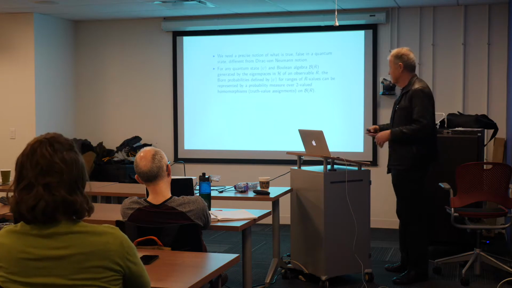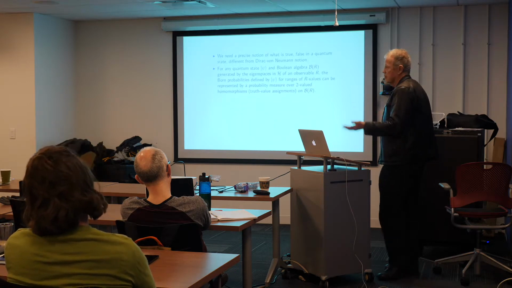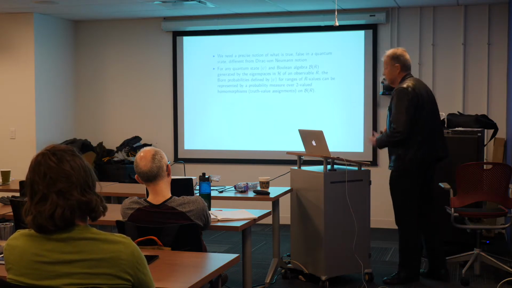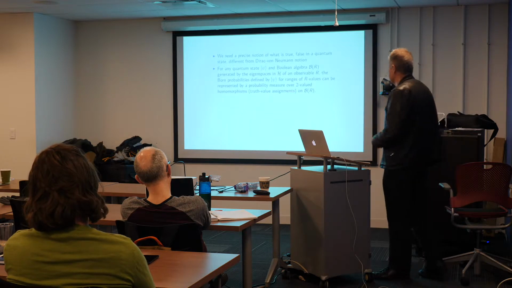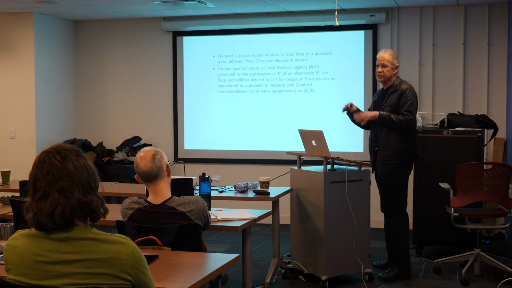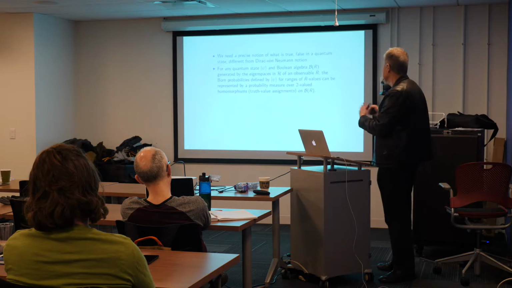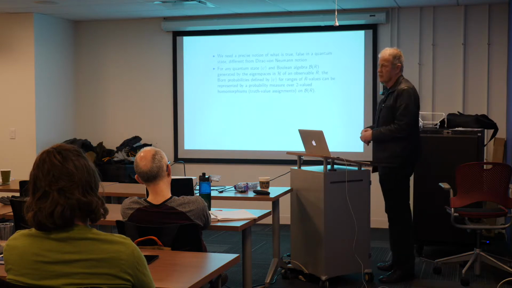You've got one Boolean algebra, the quantum probabilities are just classical on that Boolean algebra, and they can be represented by measures over truth value assignments, or technically two-valued homomorphisms, 1, 0 maps, which preserve the structure.